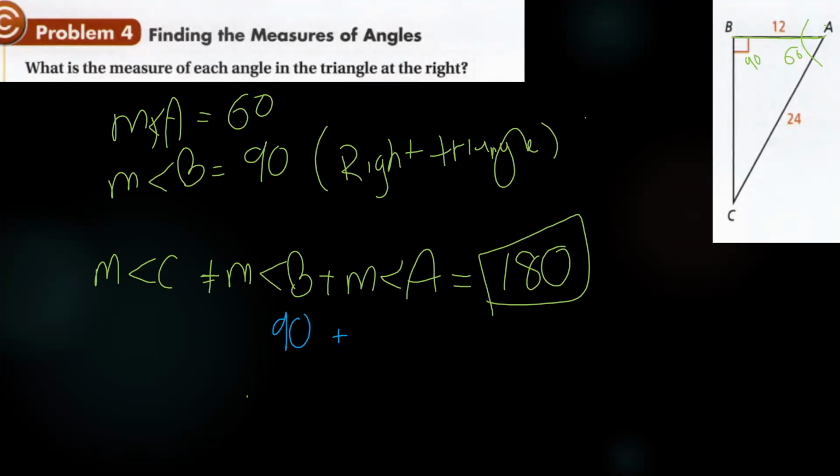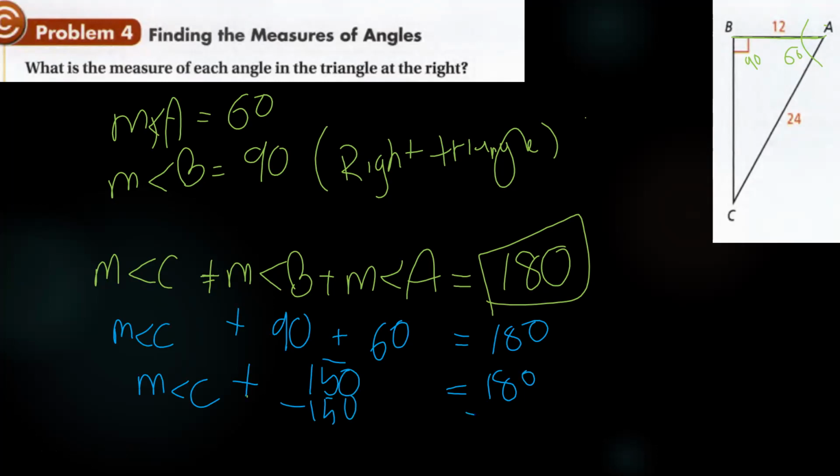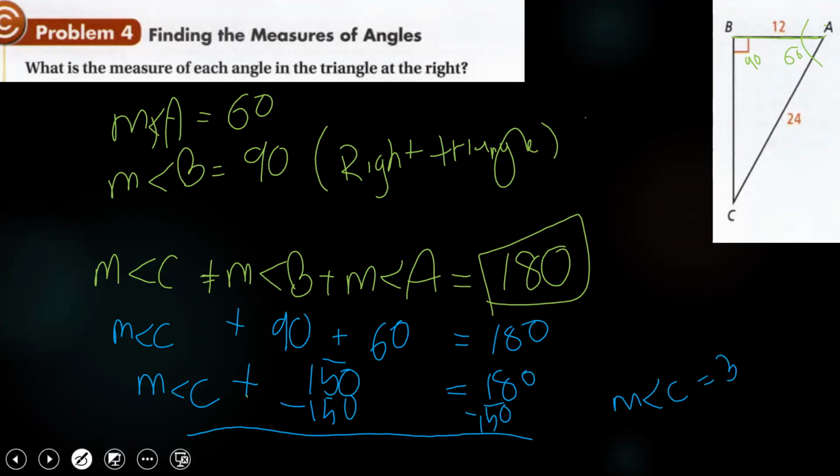The measure of angle A is 60, plus the measure of angle C. Then 90 plus 60 is 150, equals 180. Then by subtracting, as we know before, you will find that the measure of angle C is 30.